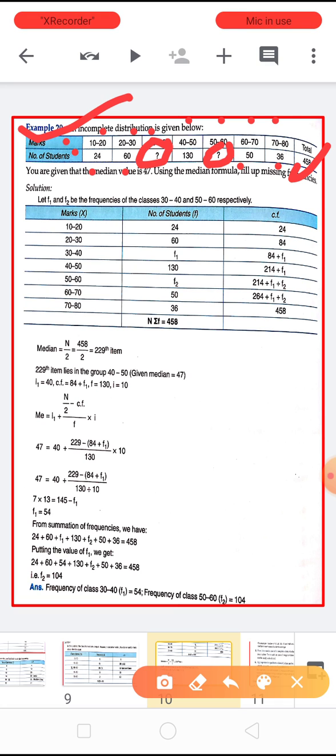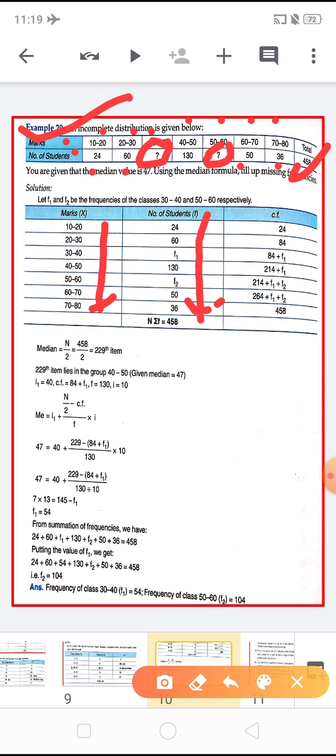For this, we follow the same process of calculating a median. The marks will be written in this sequence, and the number of students, which are the frequencies, we again write in this way.